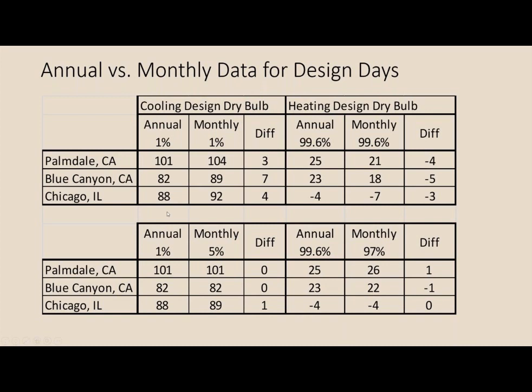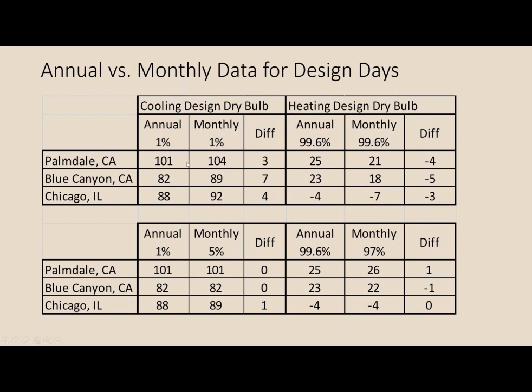So I mentioned earlier that the standards usually specify an annual threshold for the design days, like the 1% cooling and the 99% heating. When you apply that same percentage to the monthly data, you've got a smaller set that's more concentrated as hot or cold weather, and so you're going to end up with more extreme temperatures.